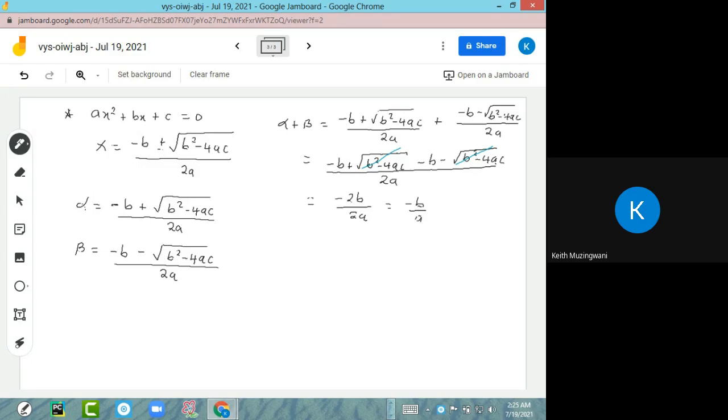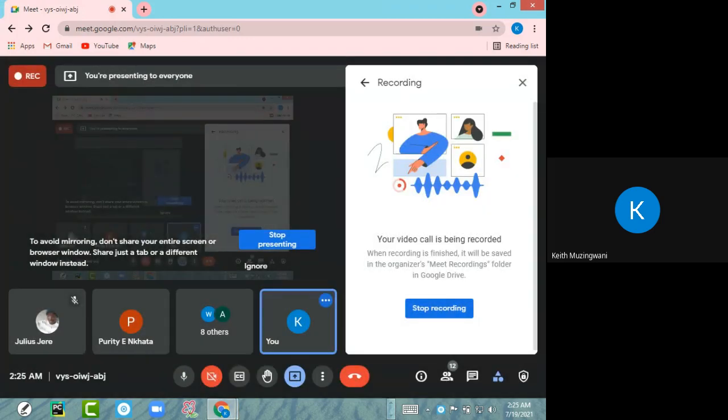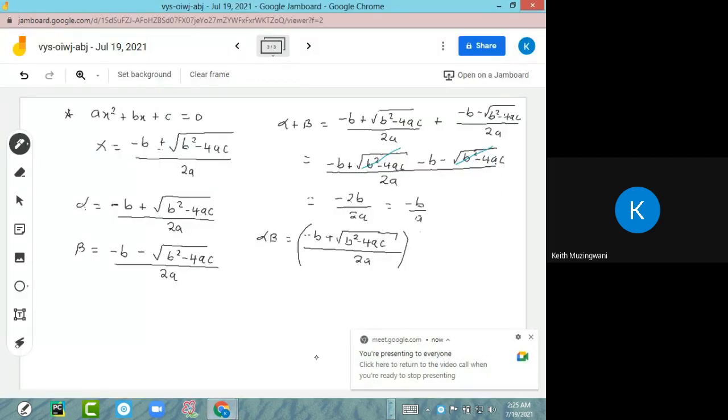If we add them, that's the sum. Let's see the product. That is, if we multiply them, we'll have negative b plus the root of b squared minus 4ac over 2a, multiplied by negative b minus the root of b squared minus 4ac over 2a.